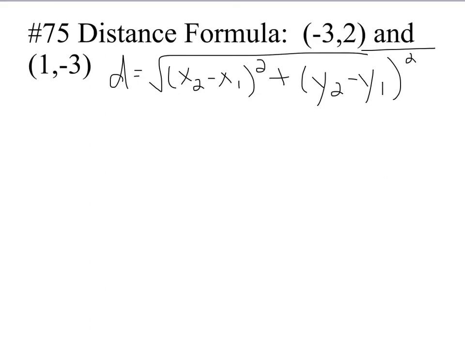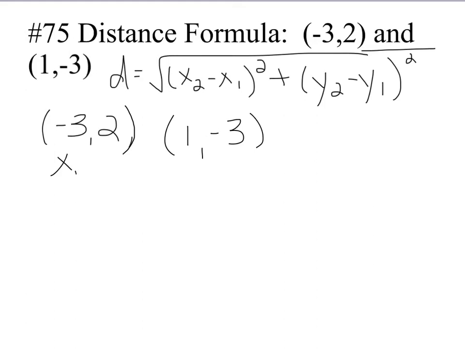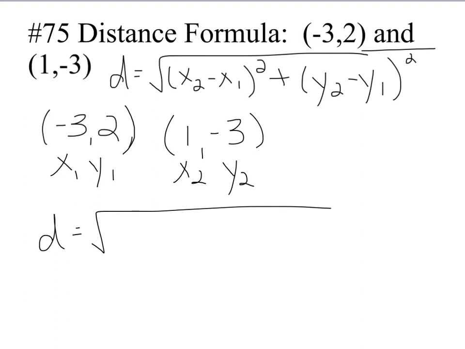All right, this is usually what I do. I write my points, and then I label them. So I do x1, y1, x2, y2. And this keeps me from making any mistakes when I'm plugging into my formula. So when I plug into my formula now, I need x2.